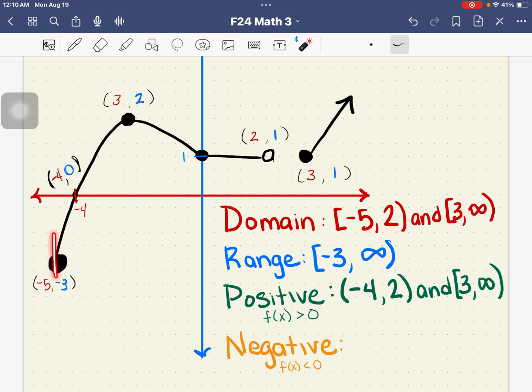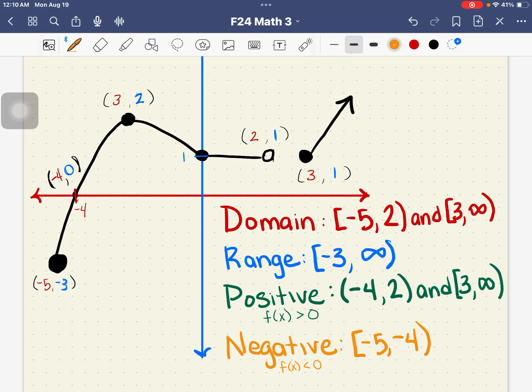So we're going to start at -5, end at -4. It is closed at -5, so we're going to use a bracket -5. It is a 0 at -4, which means 0 is not negative, so we're going to use a parenthesis.